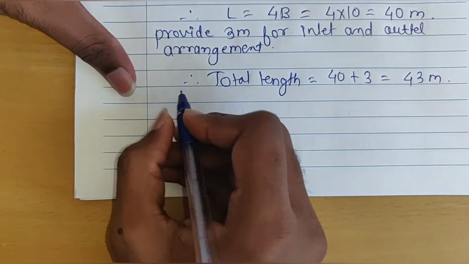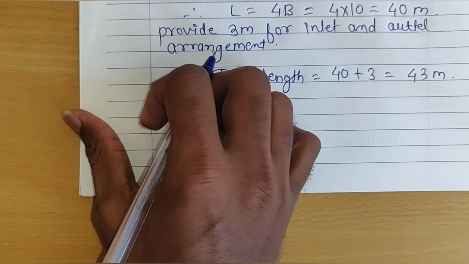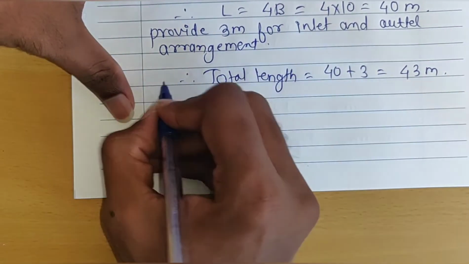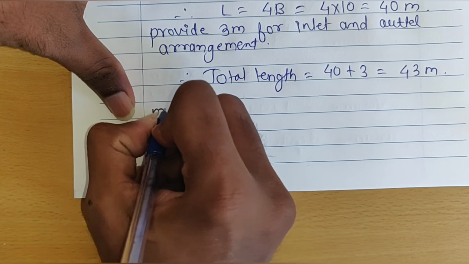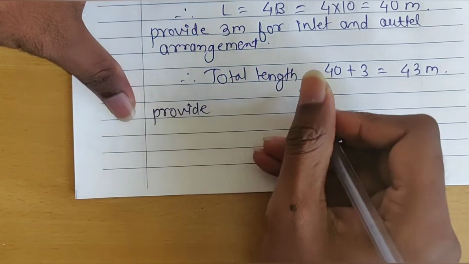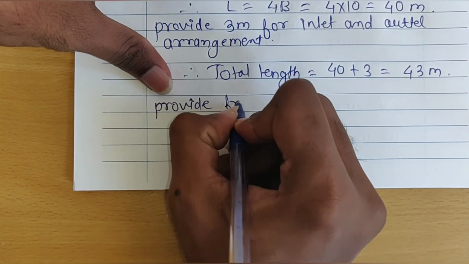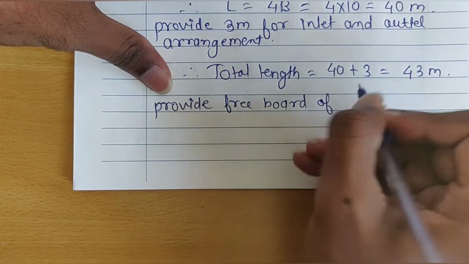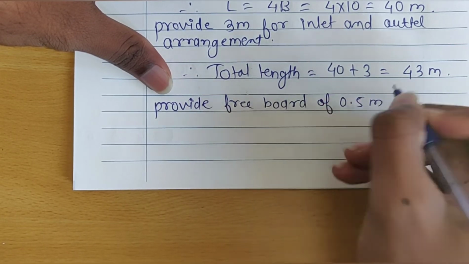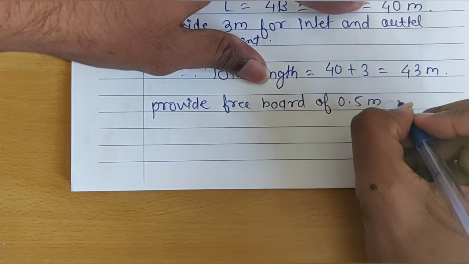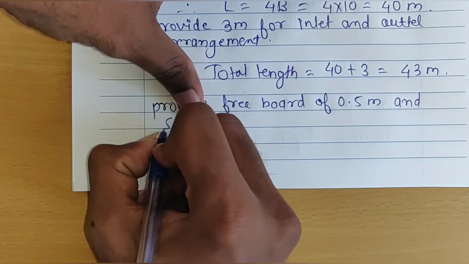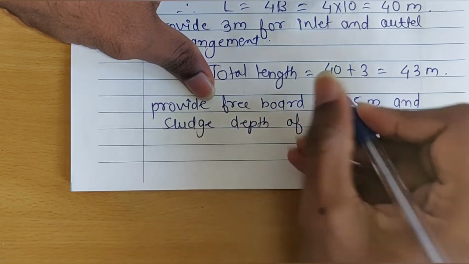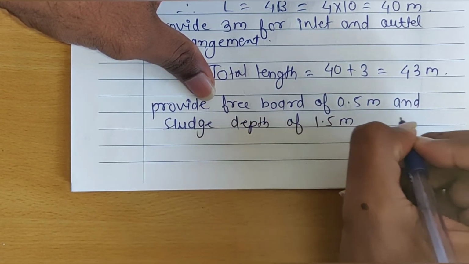Okay. And for the depth, we have to also increase the depth for providing the freeboard as well as the sludge depth. So provide freeboard of 0.5 meter and sludge depth of 1.5 meter.